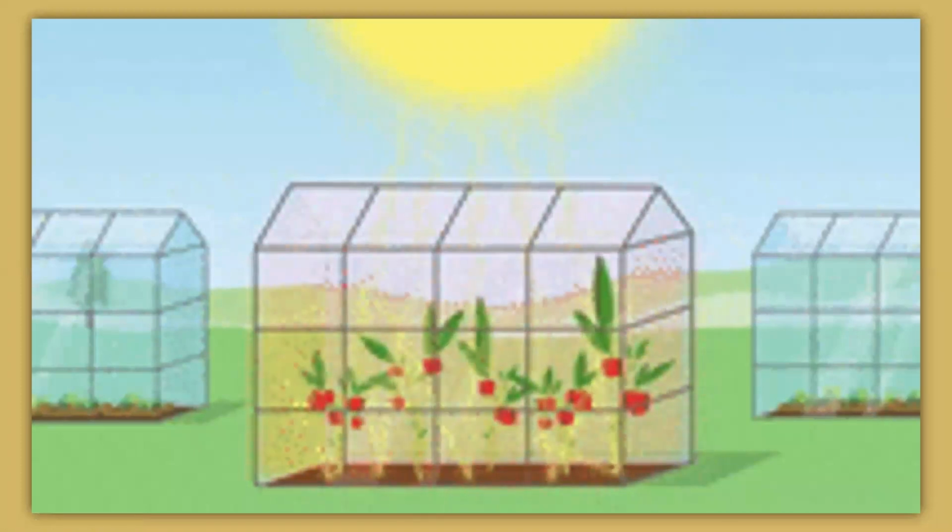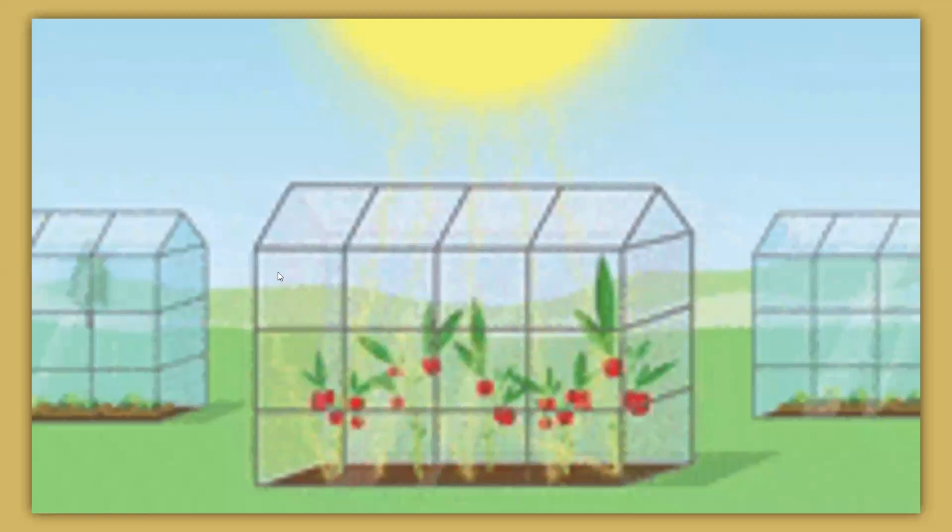Before we talk about global warming, let's talk about the greenhouse. How does the greenhouse work? At first, we have the sun. The greenhouse, of course, is used for planting crops. We have plants that grow in summer and other plants that grow in winter.